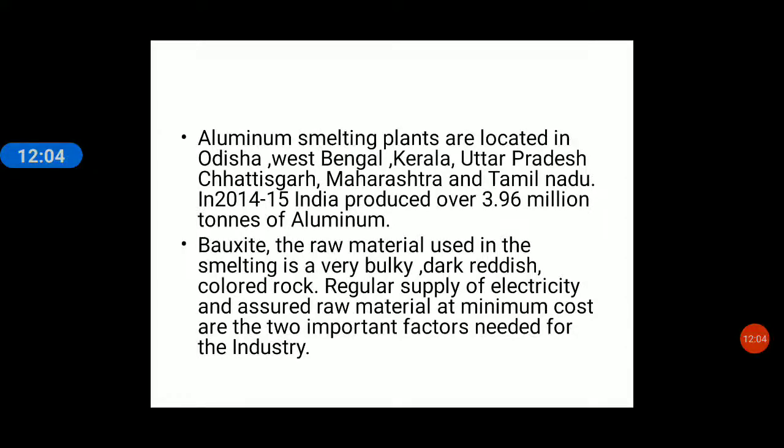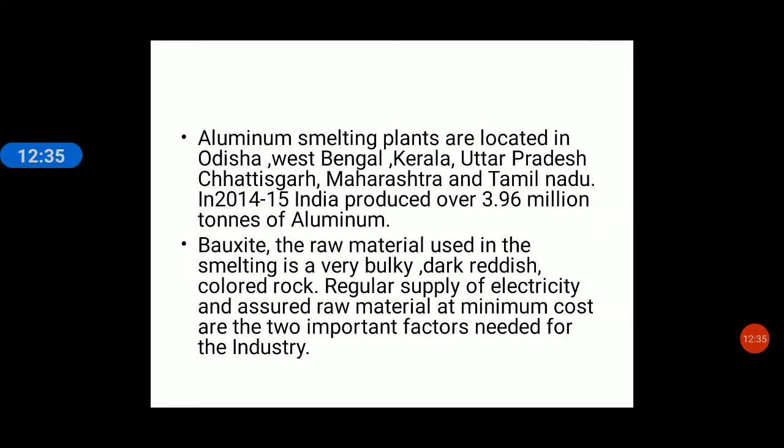Okay. Now bauxite. Bauxite is the raw material and it is used in the smelting, and it is a very bulky, dark, reddish colored rock. Yes, regular supply of electricity and assured raw material at minimum cost are the two important factors for the aluminium smelting industry, right?